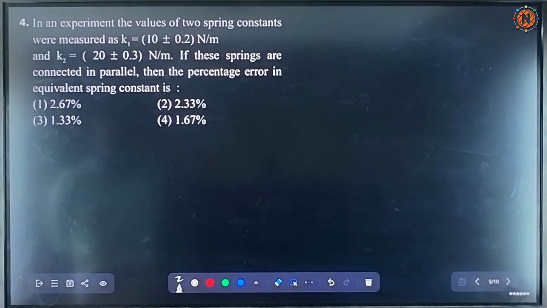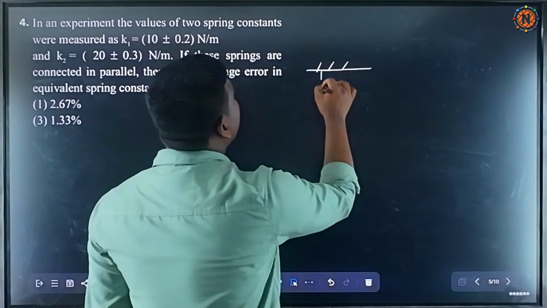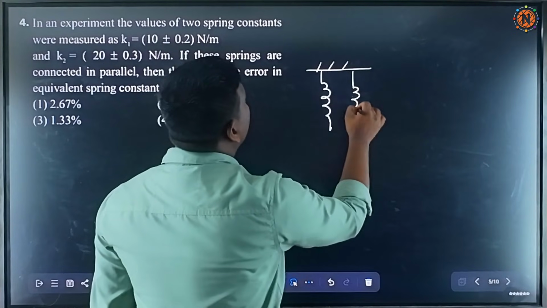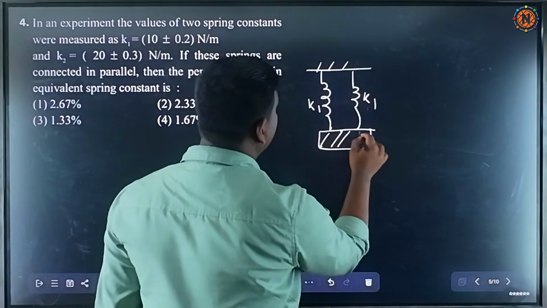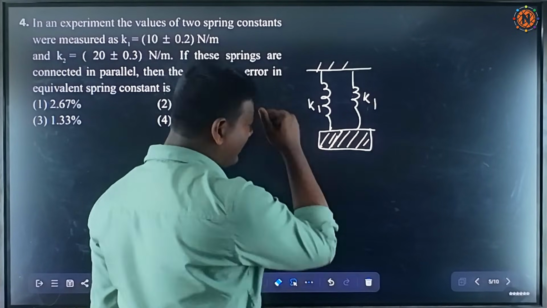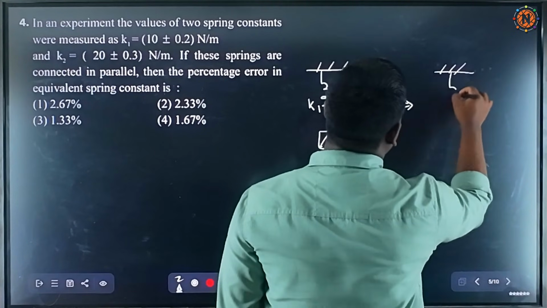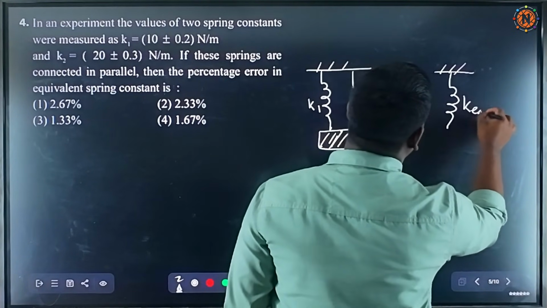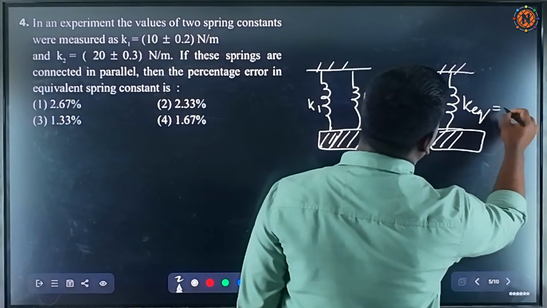In this case, two springs are given and these springs are connected in parallel. If two springs with spring constants K1 and K2 are connected in parallel, with a block connected, we can replace this combination by a single spring of equivalent spring constant equal to what?